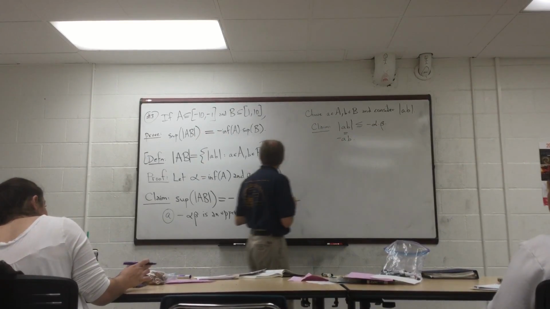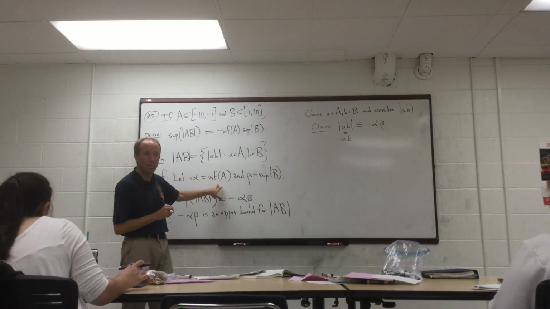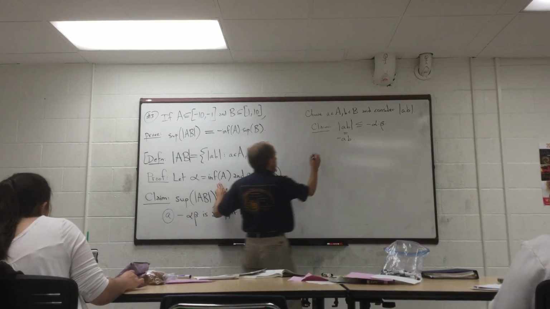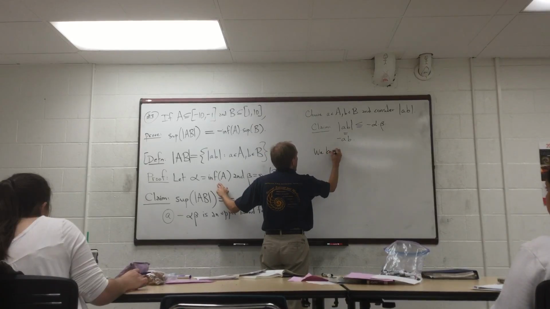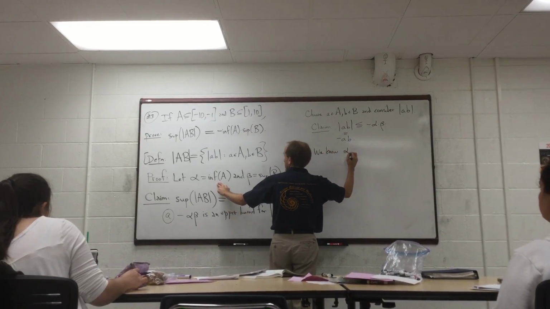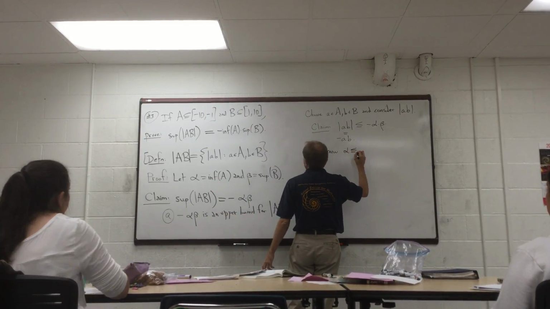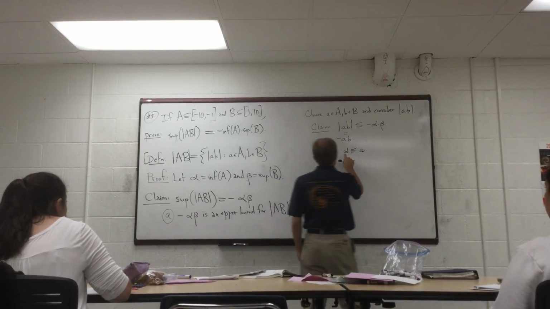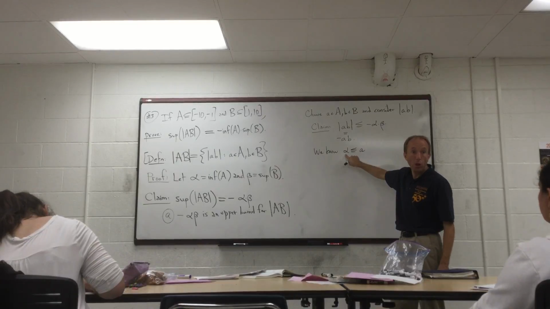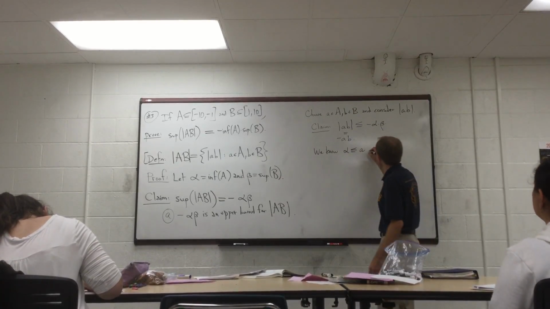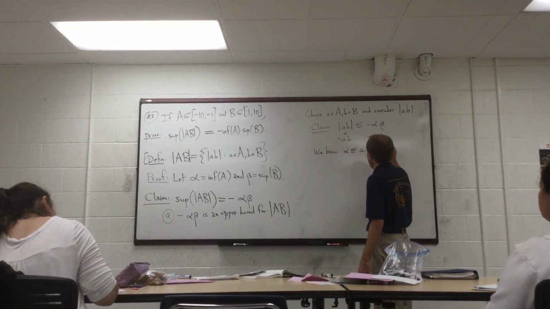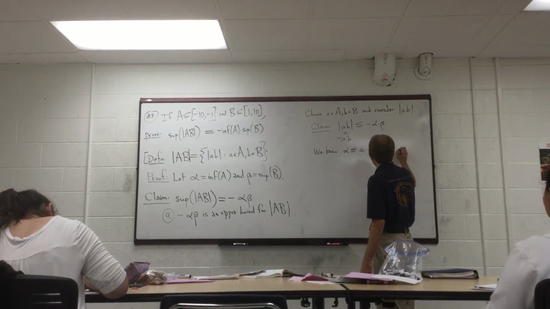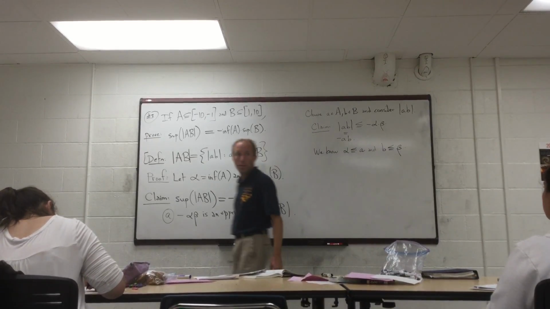Okay. Now we know that alpha is the infimum of capital A, right? So we know that alpha is less than or equal to little a, because alpha is a lower bound. And we know that B is less than or equal to beta, right?